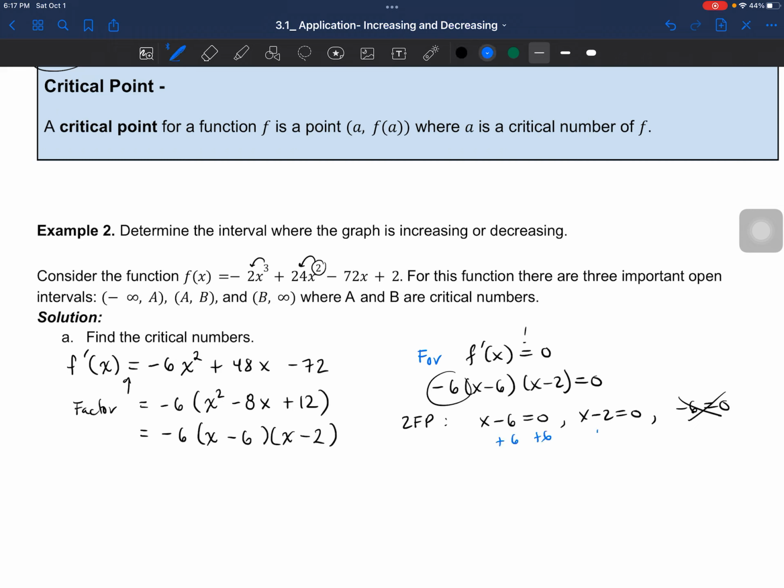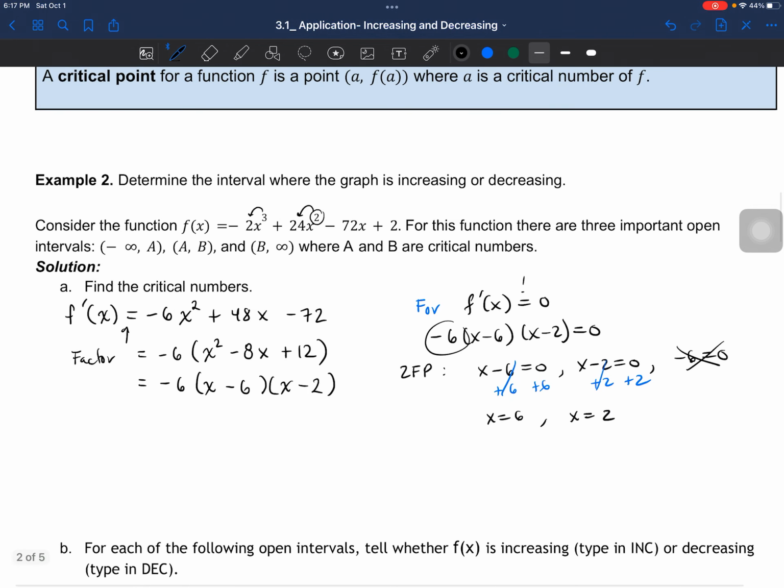Then we add 6 on both sides and add 2 on both sides to solve for x, and that's how we end up getting x equals 6 and x equals 2. Now there is another case we have to try, and that is whenever the derivative is undefined.